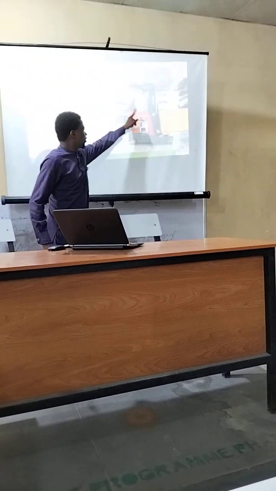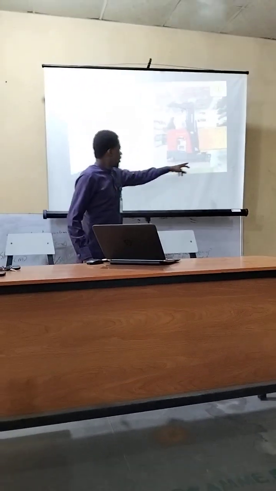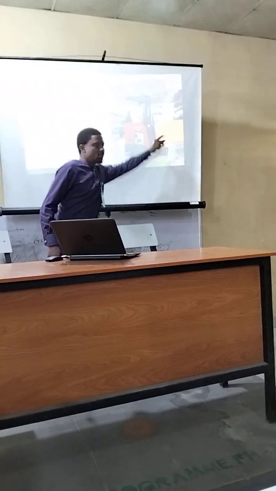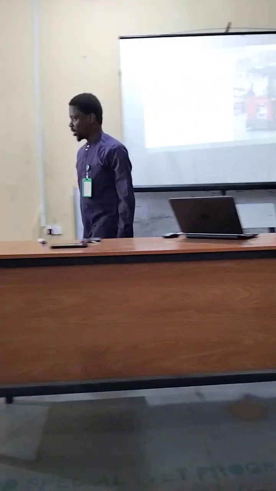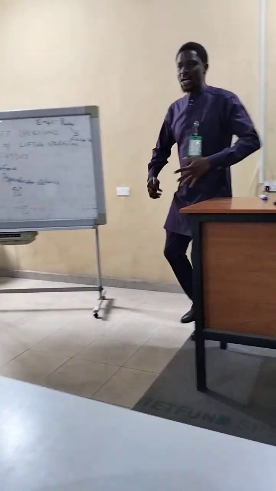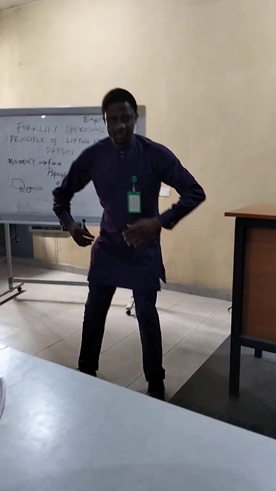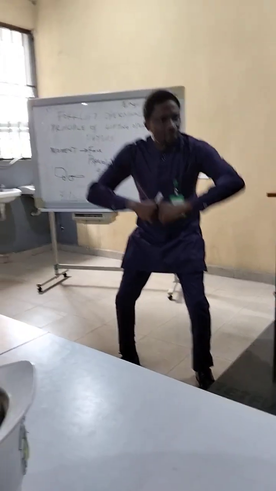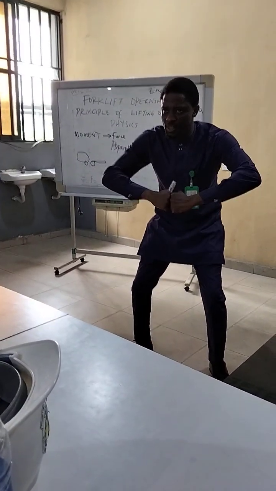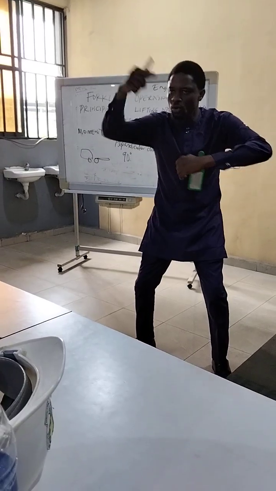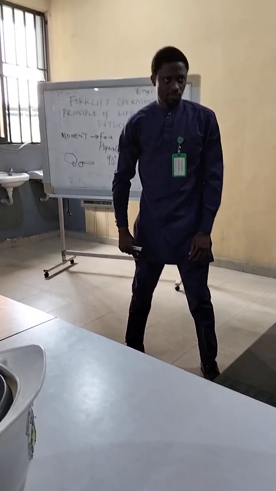This is the counterweight. This is the front tire. That is the fork. The essence of the counterweight is giving you opportunity to carry enough load at the front.